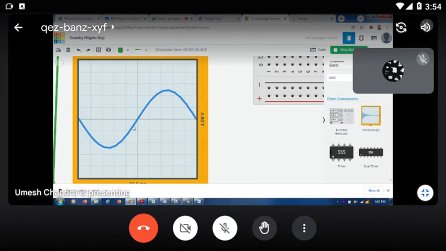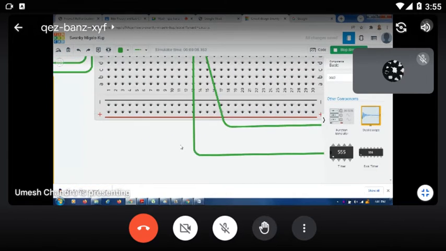That is 0.4, 0.4, 0.8, and this is 0.2. That is 1 volt. And the upper side is the same: 0.4, 0.4 is 0.8 and half of another block, that is 0.2. That is 2 volt.